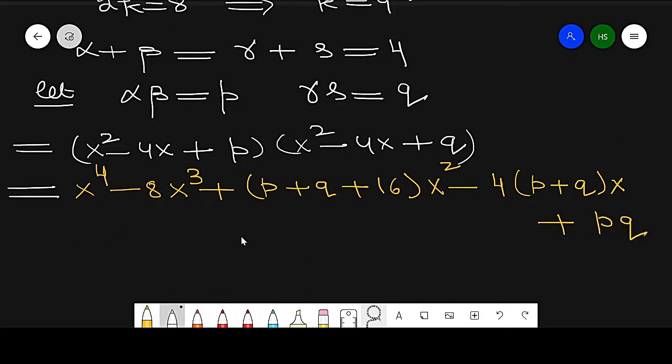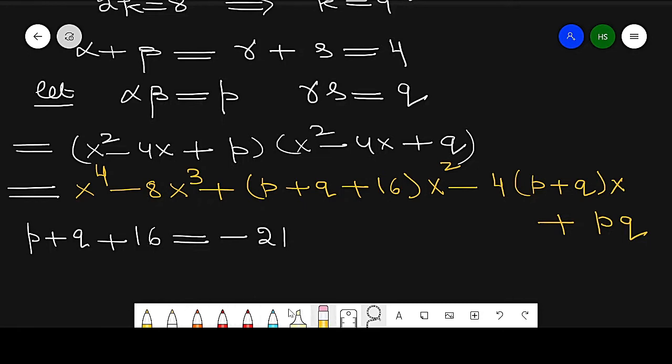Now comparing these terms with equation number 1, the coefficient of x square, p plus q plus 16, is equal to 19.